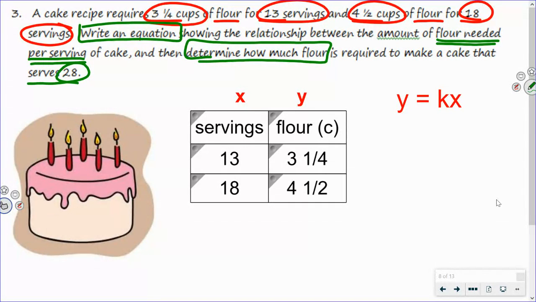Now they give us two different relationships here. So if you go ahead and set up those ratios. And let me come down to the bottom and let's go ahead and work those out, shall we?